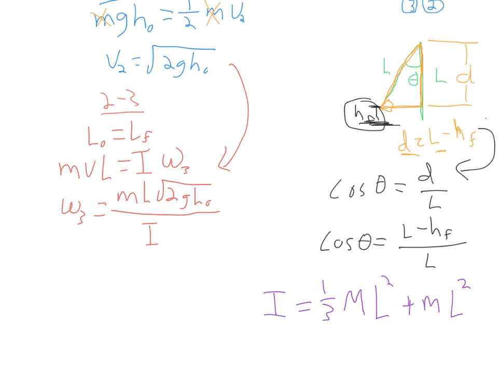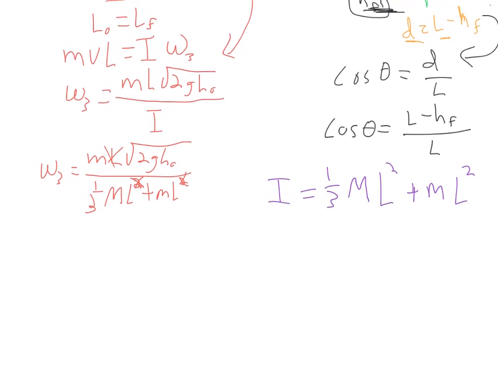So now we can write omega a little more accurately. It's going to be equal to mL square root of 2gh divided by 1/3 capital M L squared plus little m L squared. And you can see you can do some L canceling if you want to make it a little simpler, but you have an omega value. That's how quickly it's rotating. Cool. So we're still not even there yet.